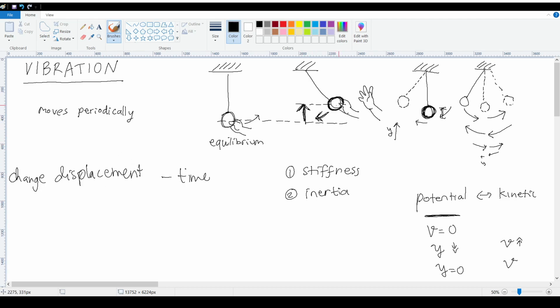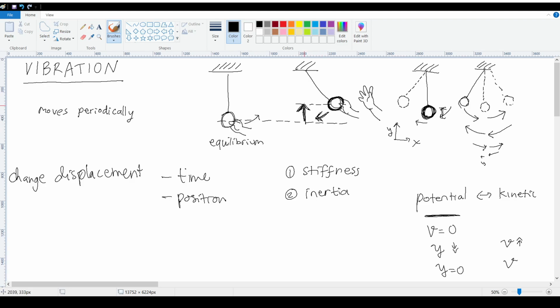Like when at 1 second, it is going to be in this position, and then at 2 seconds, it will change the displacement to this, and 3 seconds and 4 seconds, and so on. That's the first. And the second one, when vibration happens, there is a change of displacement with respect to position. In this case, we can see it in the x direction.